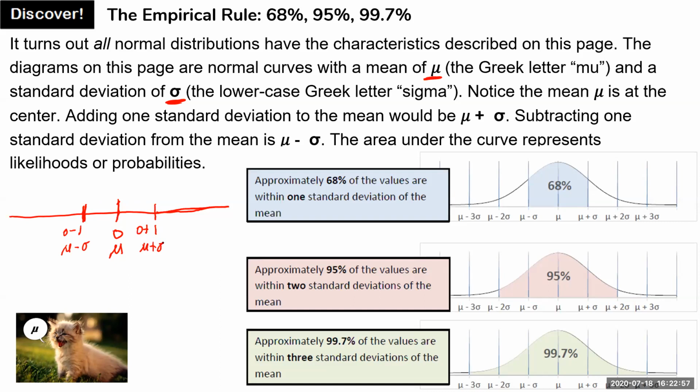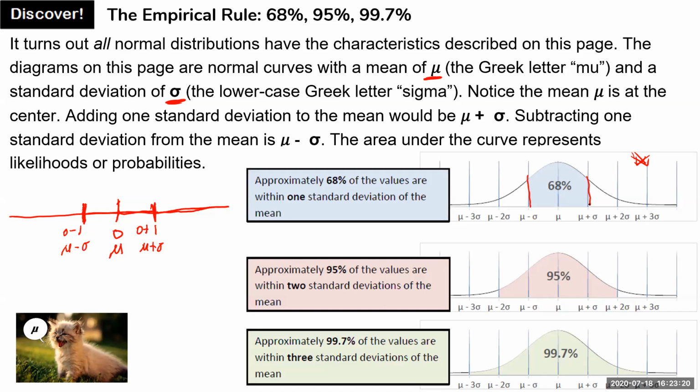Is that okay? And we call the first movement the first standard deviation, because we add and subtract sigma on both sides. So this is what we call the first standard deviation, when you move 1 step to the left and 1 step to the right.